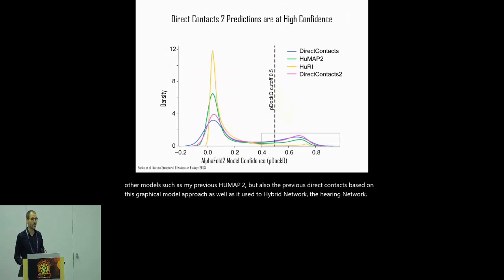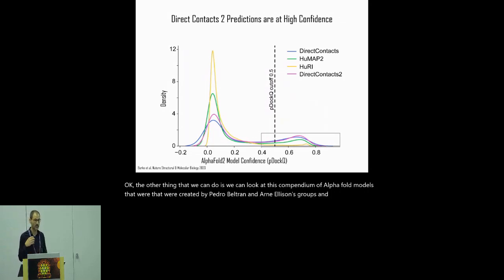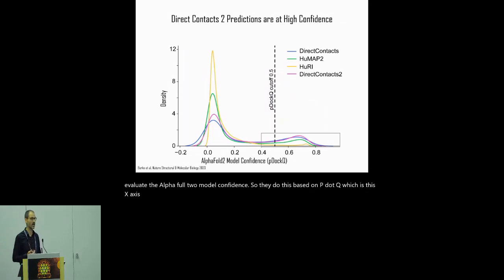Okay. The other thing that we can do is we can look at this compendium of AlphaFold models that were created by Pedro Beltrao and Arne Elofsson's groups, and we can essentially evaluate the AlphaFold 2 model confidence. So they do this based on pDockQ, which is this x-axis here, and we see this bimodal distribution.